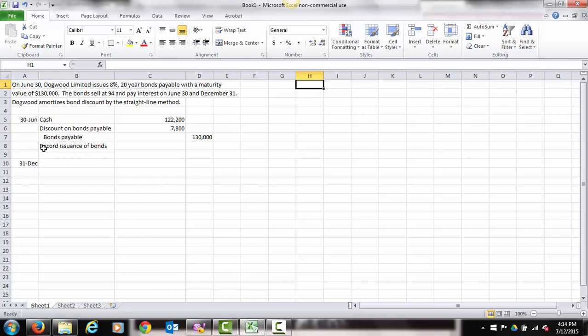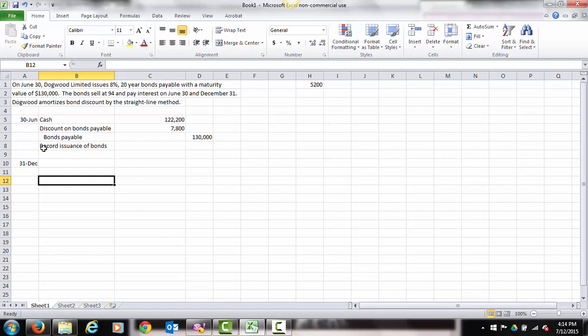To figure out the interest payment, we're going to take the maturity value of the bonds times the interest rate times 6/12. And we do 6/12 because these are semi-annual payments. So that's $5,200. That is the interest payment that we are going to pay to our bondholders.